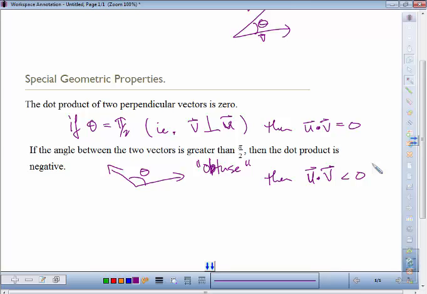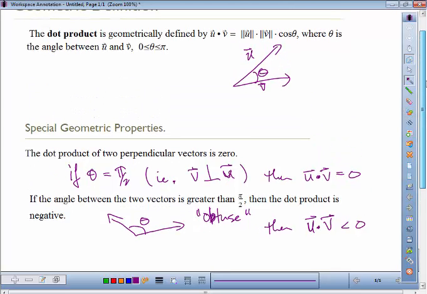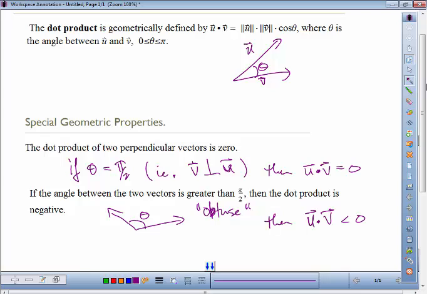And then one more piece of information that would be useful is that if the angle was 0, then according to the geometric definition, what's the dot product going to equal?